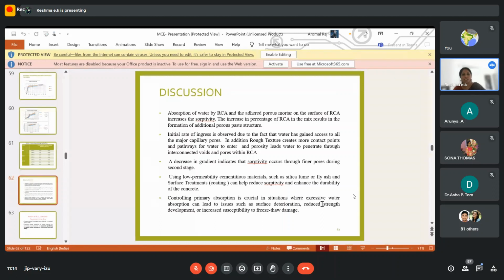So here also interconnection will be more, the pathway for water will be more, and porosity is more. These are the reasons for this variation. Controlling this is very important, because freeze and thaw damage can happen, reduced strength can happen, and surface deterioration of pavements can happen. Because of these reasons, this test is very important.